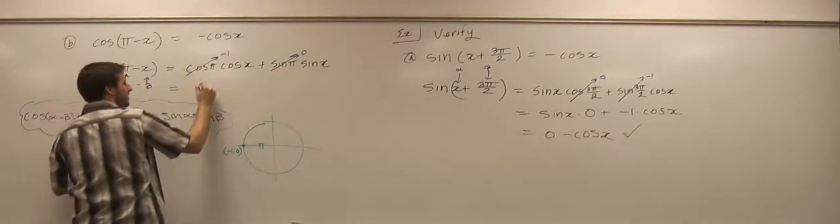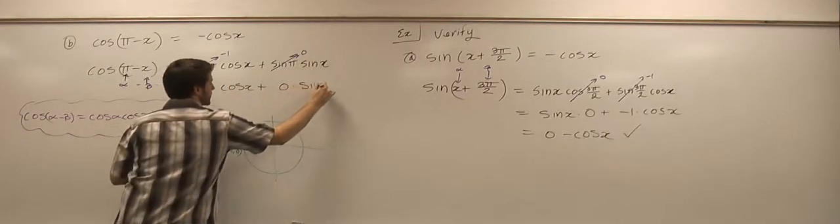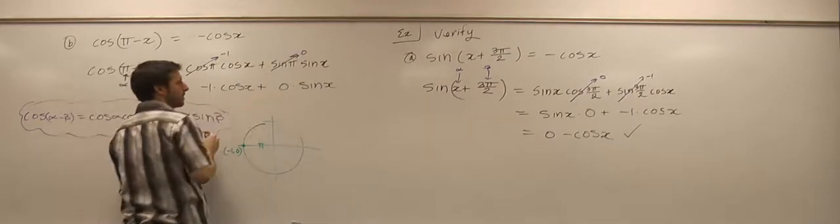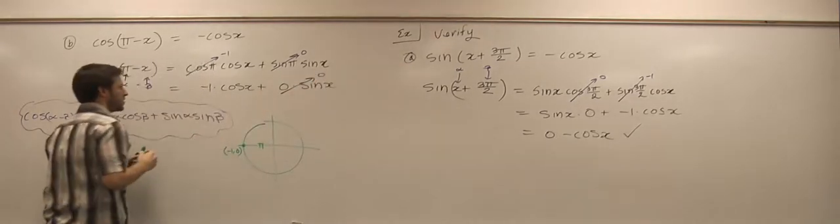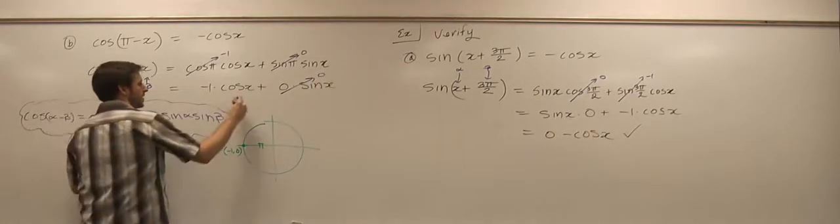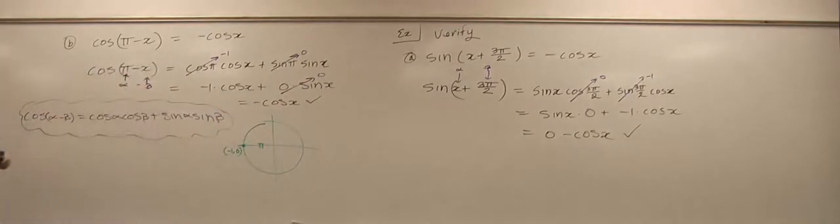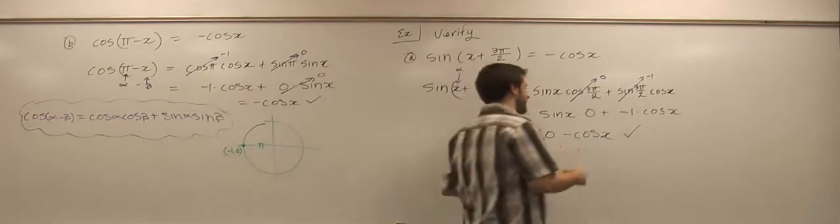Okay, so we'll put negative 1 times cos x plus 0 times sine x, because that's what we have here. What's 0 times anything? Oh, 0. So then we're just left with negative cos x. It's fun putting check marks. All right. I feel like you've accomplished something.